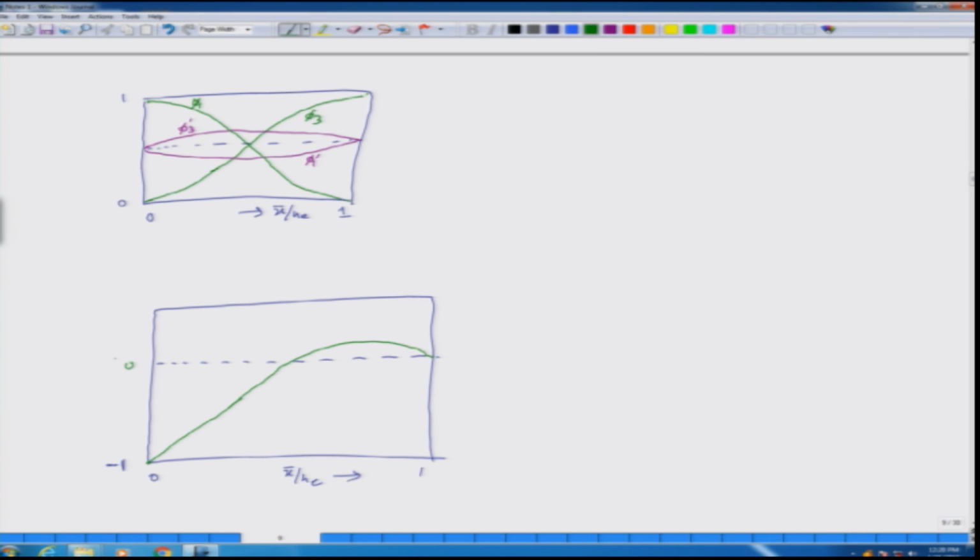So, this is 0 and so this is phi 2 prime and this is phi 4 prime, and the actual value of these functions phi 2, not their slopes, is something like this. So, this is phi 4 and this is phi 2.